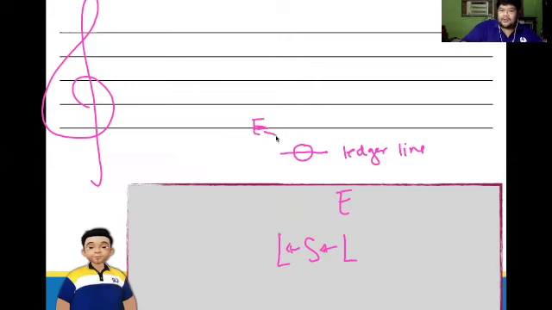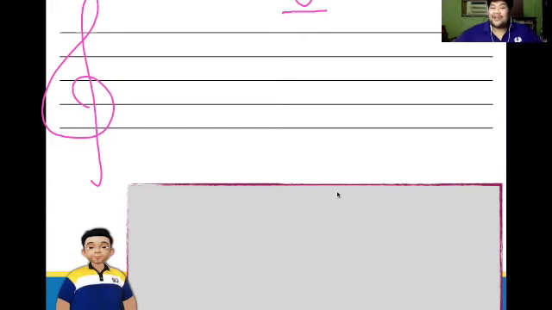The same principle applies if the note is above the G clef staff. For example, this time you will see a note that is placed here. Let's try to discover what letter name that would be.